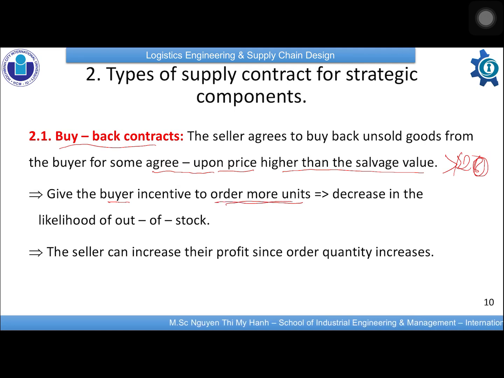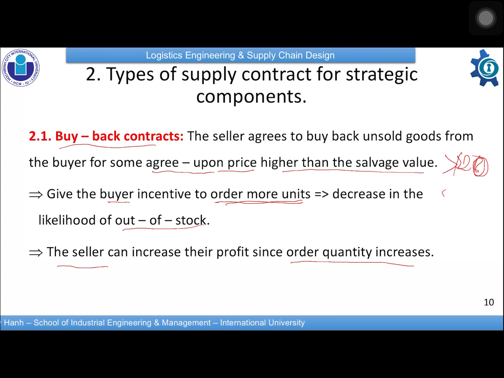And when they order more products, they decrease the probability of out of stock, and they increase their profit. Also the seller can increase their profit since the order quantity increases.